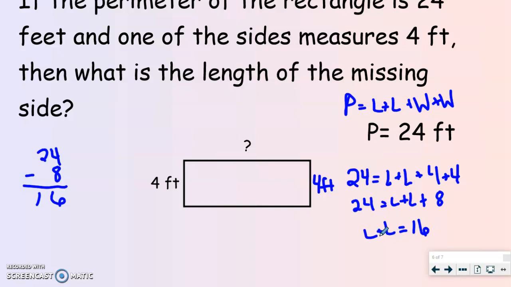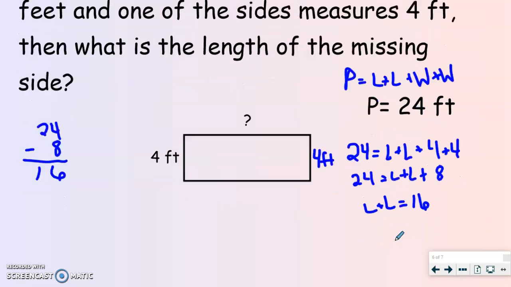So you could think about this as, if I double a number, do I get 16? Or what is 16 divided by 2? Because remember, dividing by 2 is the opposite of doubling. So 16 divided by 2 would be 8.